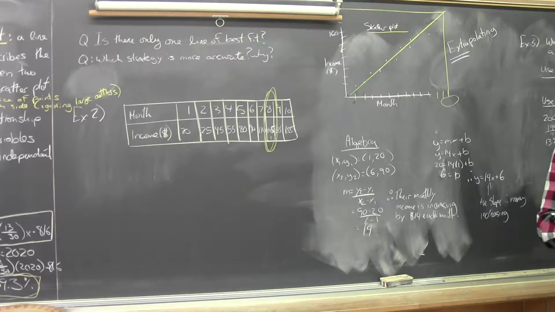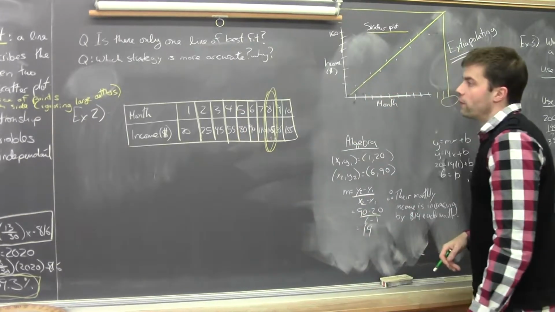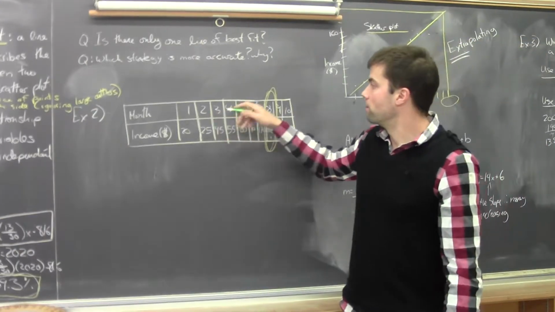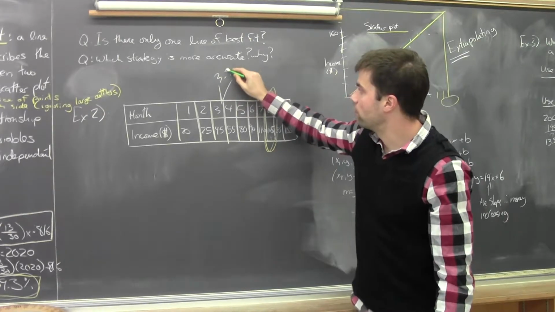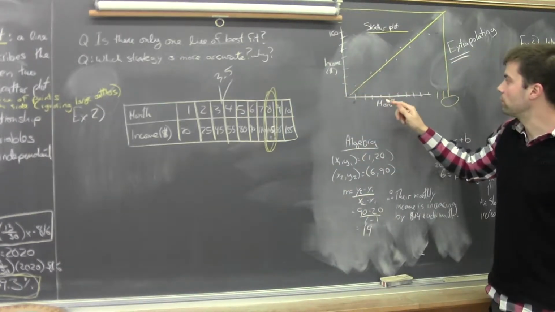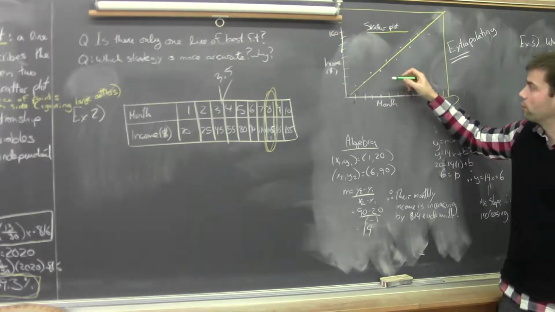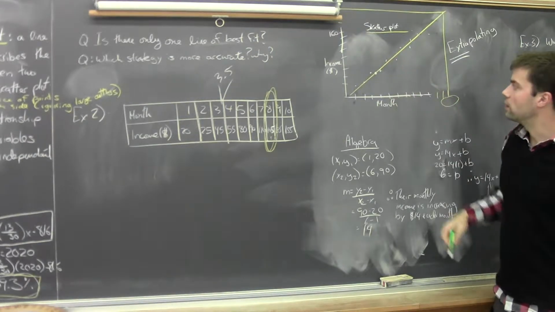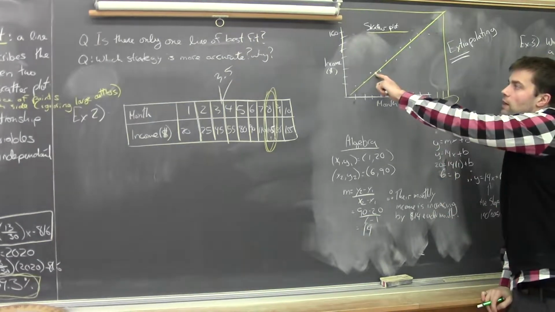If I'm trying to estimate a value within the graph, so for instance, say I wanted to find the value of the month, the middle of the 3rd month, so 3.5. So 1, 2, 3. I don't have a data point, I only have a data point at 3 months and 4 months, but I want to know what's happening at 3 months and 2 weeks. So I'm looking at this point now.